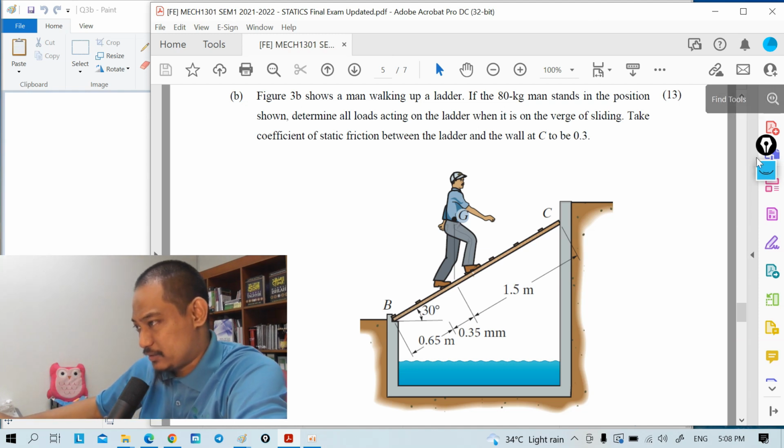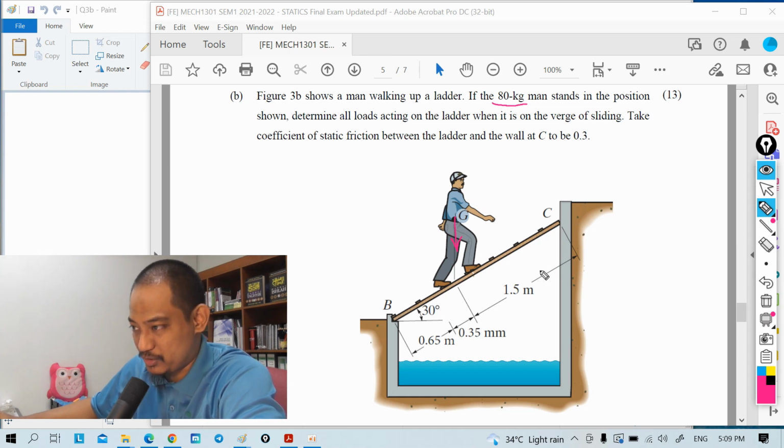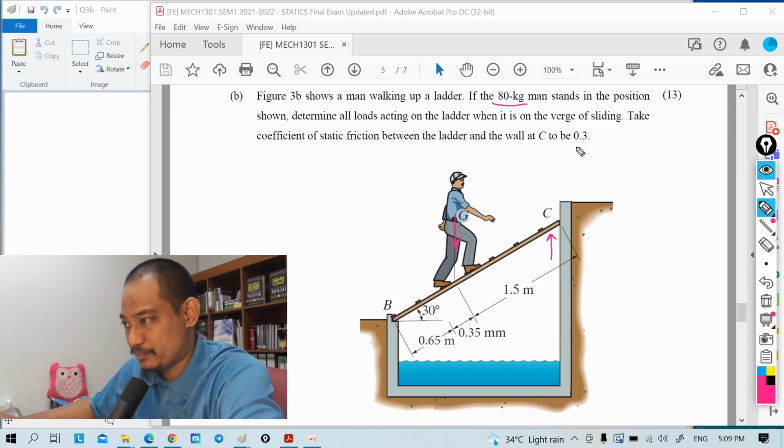Okay, several things here, so let's make sure we take everything. 80 kilogram, meaning we have the weight here based on 80 kilogram, and then we have friction at the ladder and wall C. Because his weight is pushing it down, we have a friction going up where mu s is 0.3. What are the other forces?